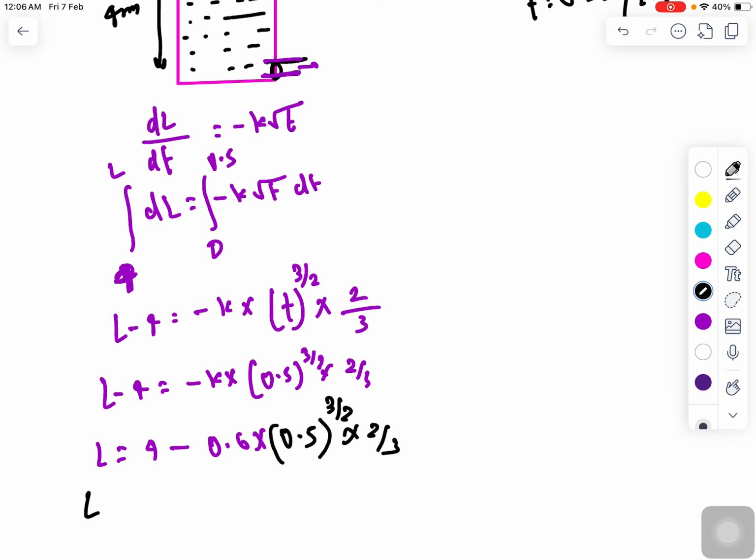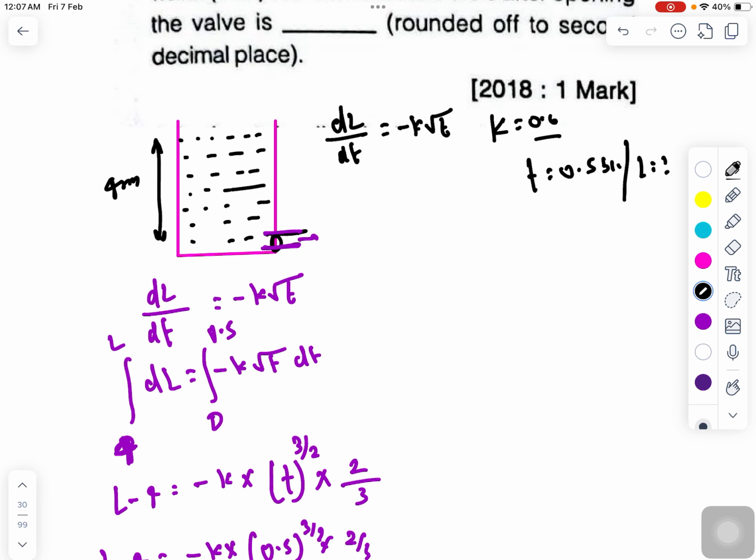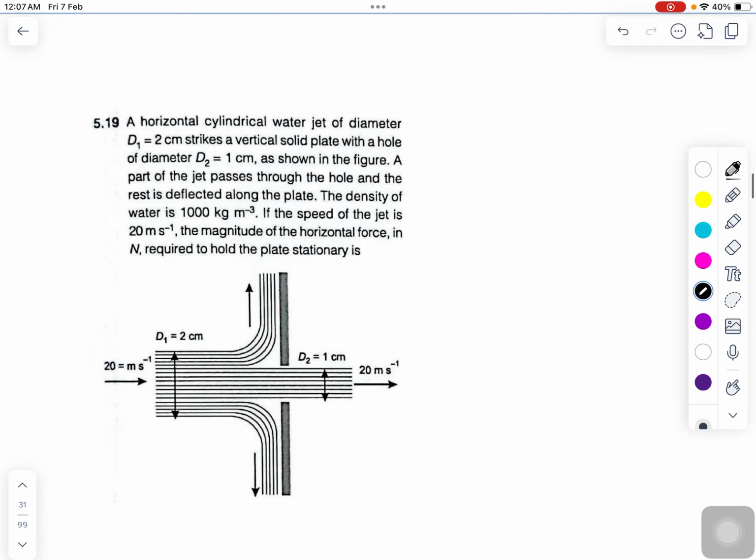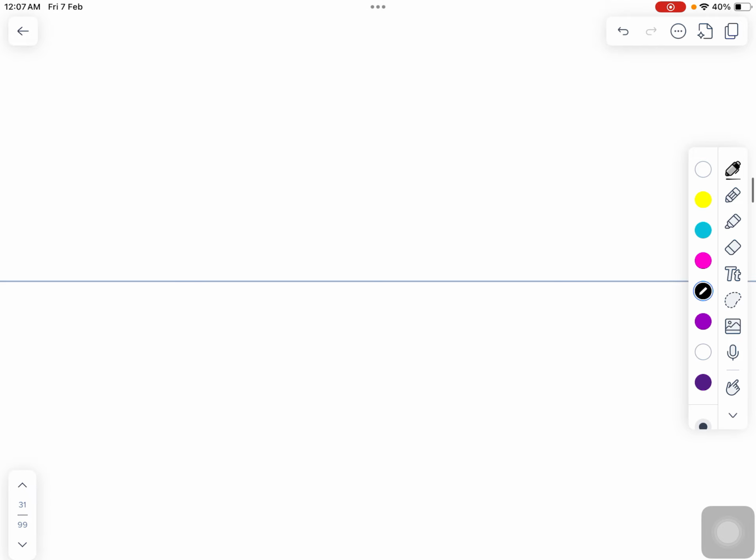So finally you will get the height L after 0.5 second as 3.85 meters, something like that. Is that clear? The correlation was given to you, and this is just a simple ordinary differential equation you are supposed to calculate. That's it.